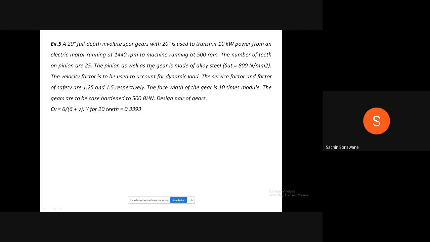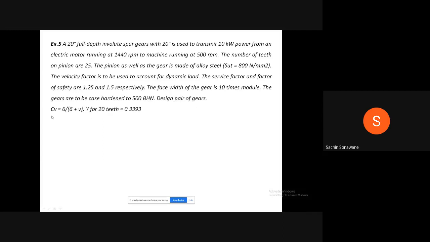The number of teeth on pinion are 25. The pinion as well as the gear is made of alloy steel. SUT is equal to 800 Newton per mm square. The velocity factor is to be used to account for dynamic load. The service factor and factor of safety are 1.25 and 1.5 respectively. The face width of the gear is 10 times module. The gears are to be case hardened to 500 BHN.